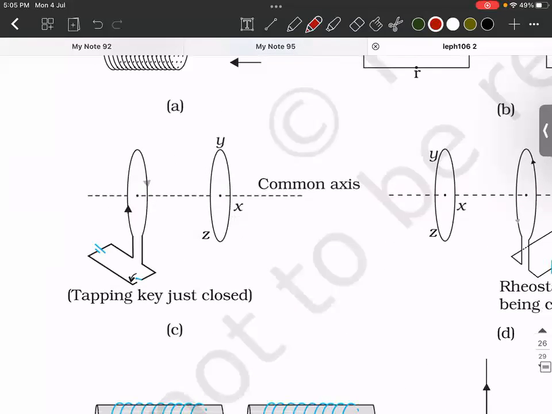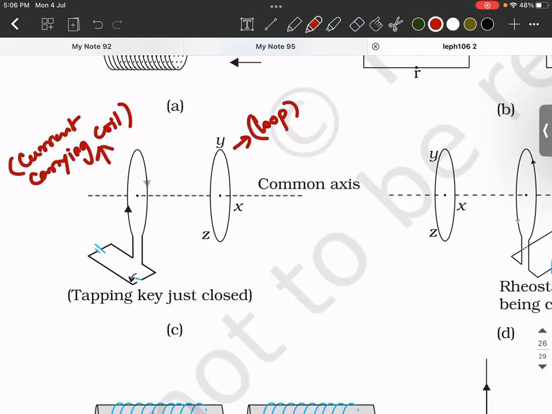So you are able to see that there is a coil. This is a current carrying coil, and you have a loop present.